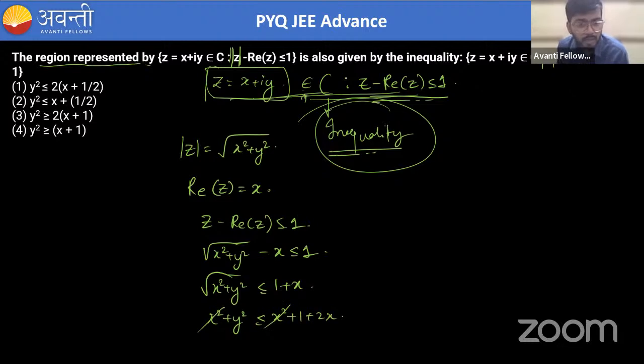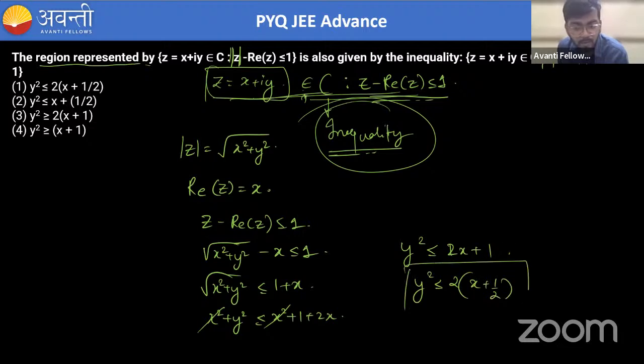What we got here is y square is less than equal to 2x plus 1. So y square is less than equals to 2 times x plus half. So this was a very easy question, guys. The answer is option A. y square is less than equals to 2 times of x plus half.